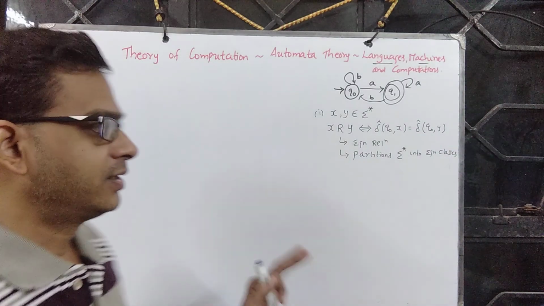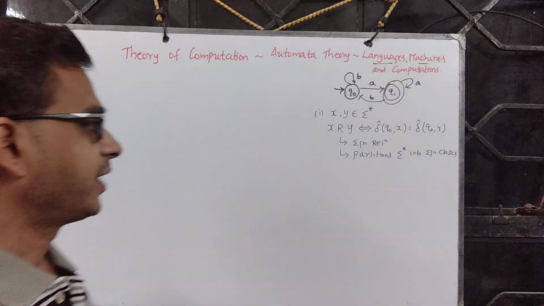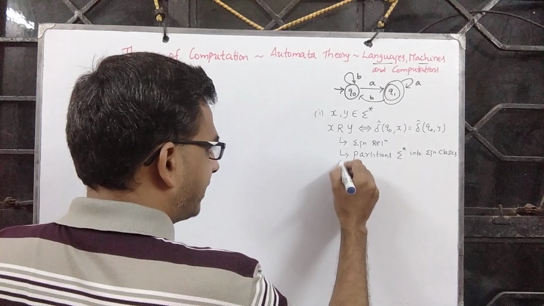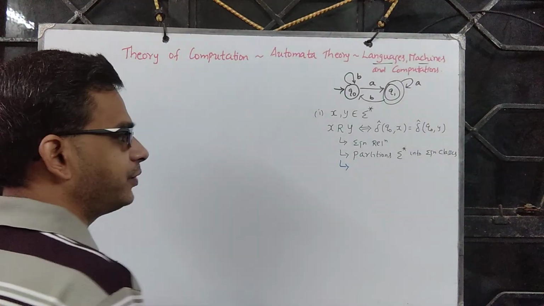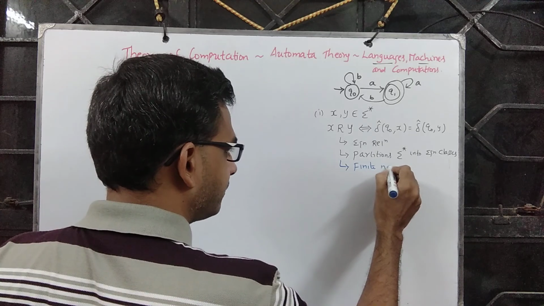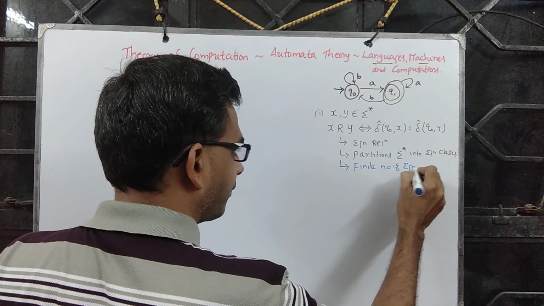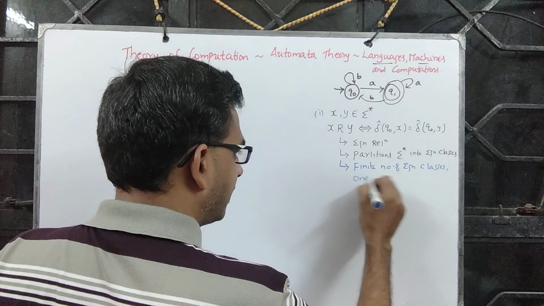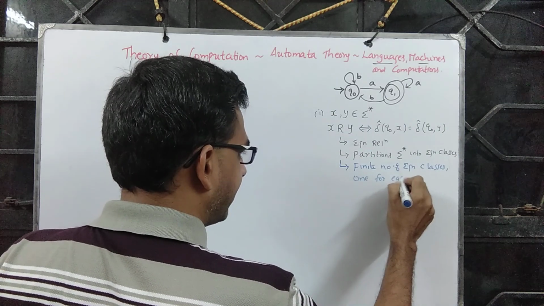Correct? This is all we have seen. And most importantly, it partitions this into a finite number of equivalence classes, one for each state.